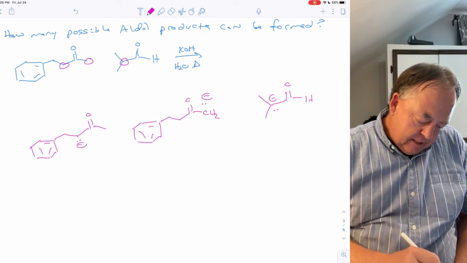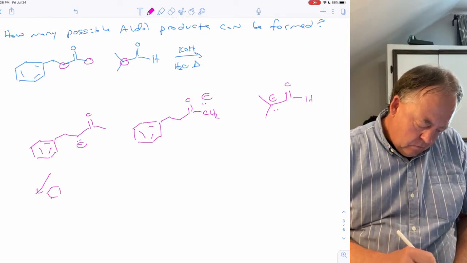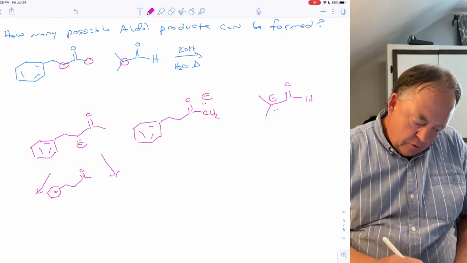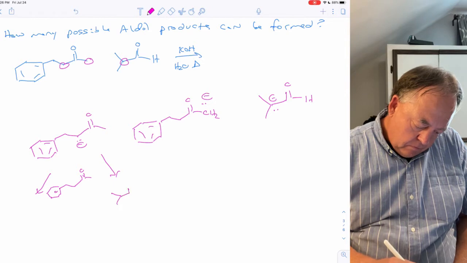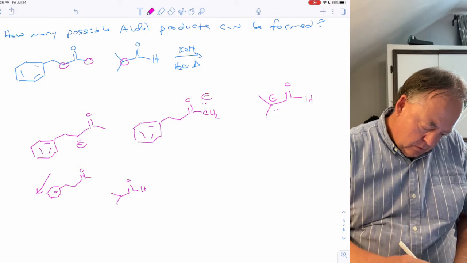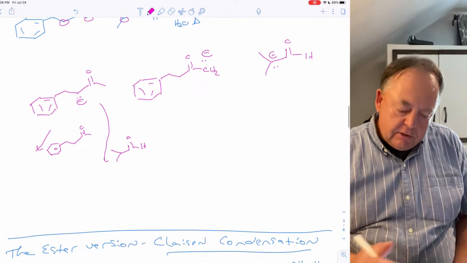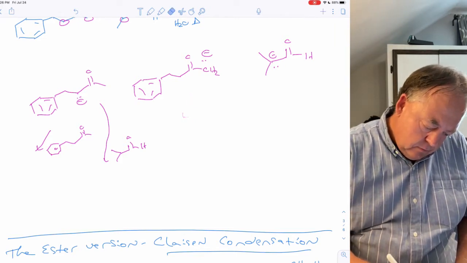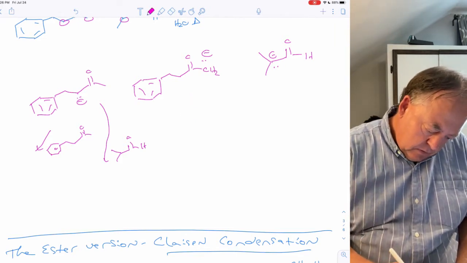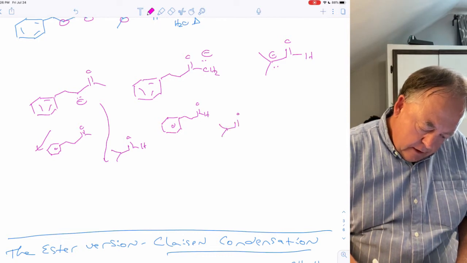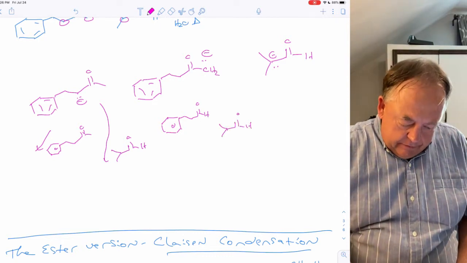Well, this could react with itself, or this could react with the other aldehyde. So that's going to be two possible aldol products. This could react with itself, or it could react with the other aldehyde. And the same is true for this.